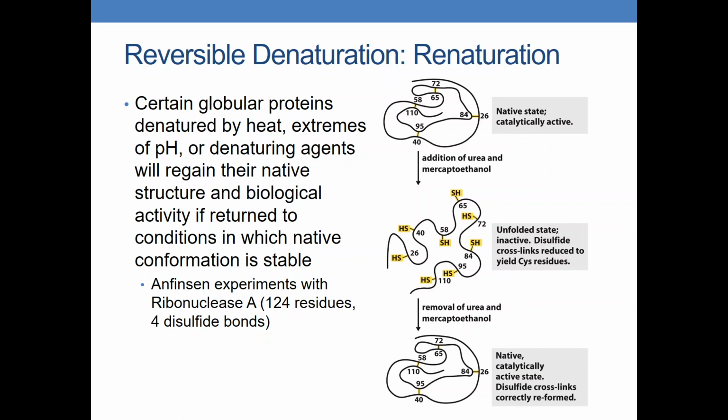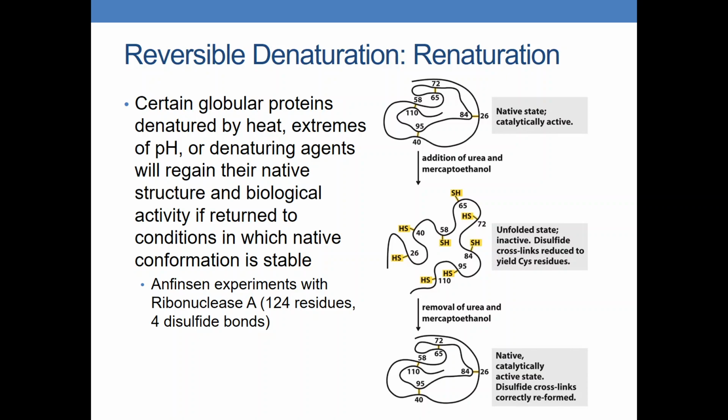So theoretically, you should be able to denature a protein, unfold it, remove that stressor, and then have it refold to its native state, because each amino acid that is present in your primary sequence is associated with certain functional groups. Those functional groups ultimately lead, through the interactions that they form, to the lowest energy state in a thermodynamic sense, which is really what we associate with the native state. So the amino acid sequence, the primary sequence, dictates the native structure. Structure is dictated by the amino acid sequence.